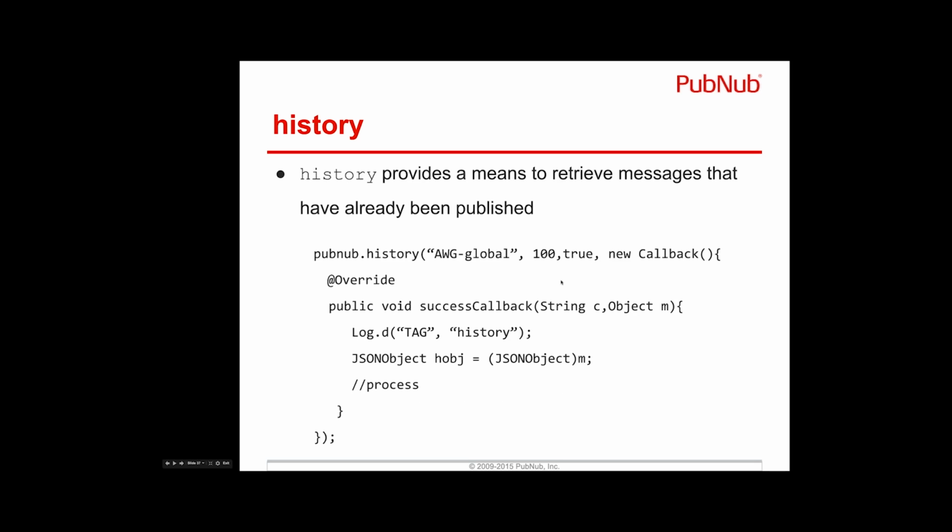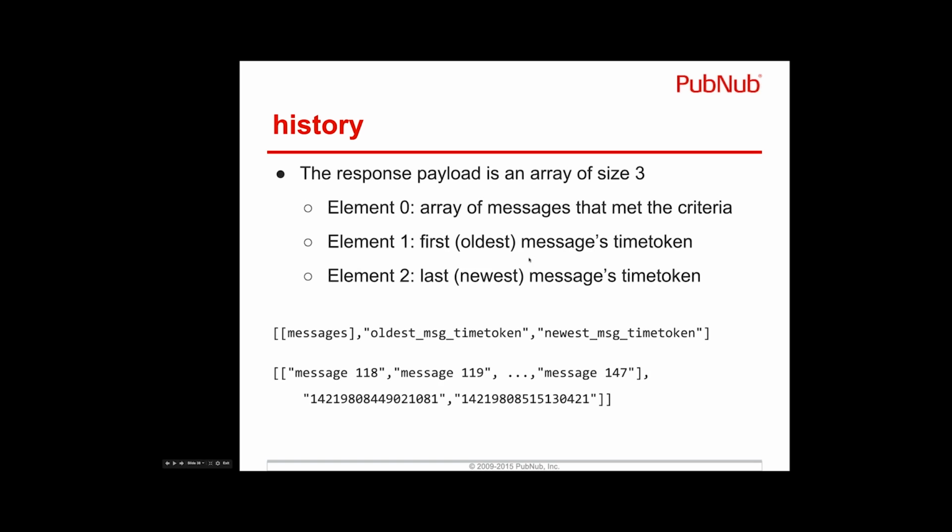So as I said prior, you're going to get the last 100 messages from history, and you may need to go further back than that. If you need to go further back, then you're going to want to use the newest time token or the oldest time token for that. And you can grab that from the payload being returned from the initial history call. Here's an example of that payload: a list of messages, oldest message time token, newest message time token.